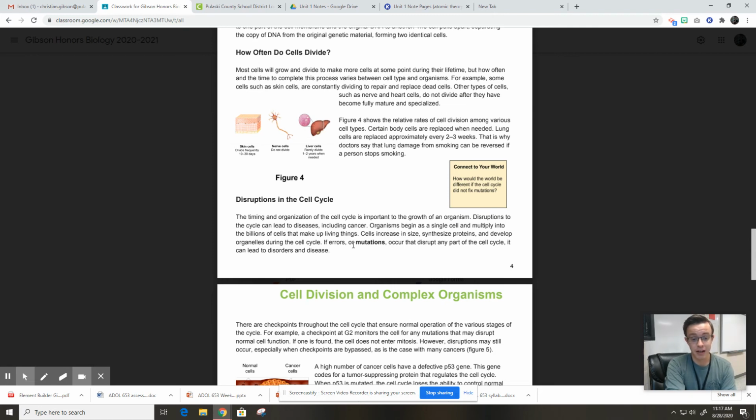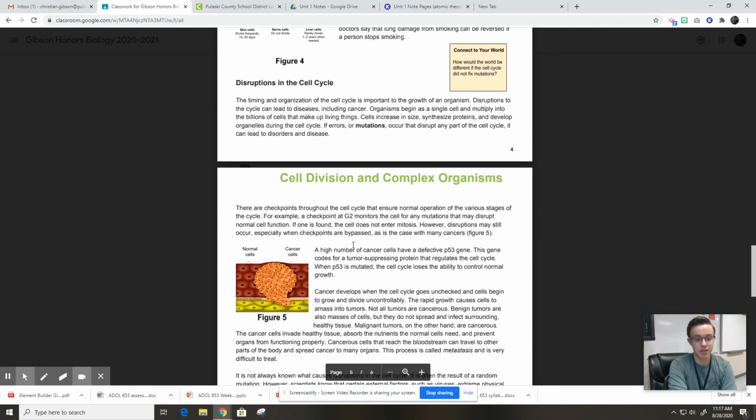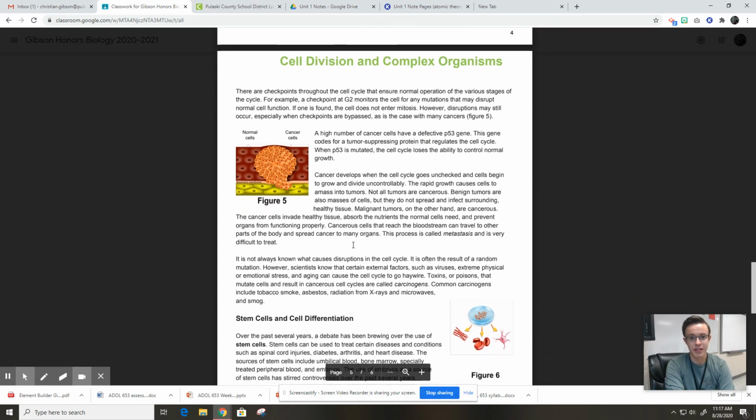If there is an error when DNA is getting copied, that is called a mutation. We're going to talk about those a little bit later on. One of the biggest consequences that mutations can have in terms of cell division is sometimes it can cause G1 phase to become incredibly short. So whenever the P53 gene is mutated, the cell loses its ability to control how fast it replicates.